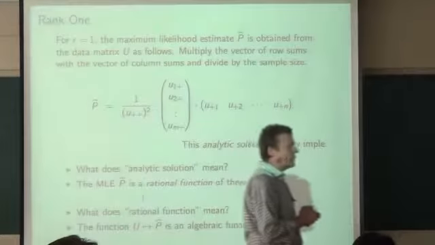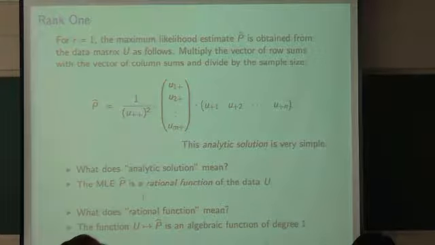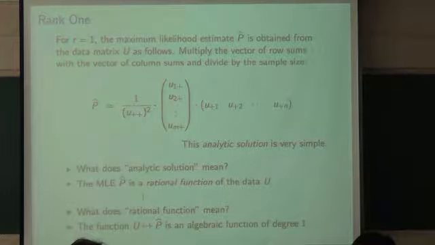Okay, let's talk a little bit about rank 1. That's a very, very simple case. So how do we do this estimation for independence? This is something we teach our freshmen. We developed a new math freshman class for biology majors, and basically we teach them that in the freshman math class. So the maximum likelihood estimate is obtained from the data matrix as follows.